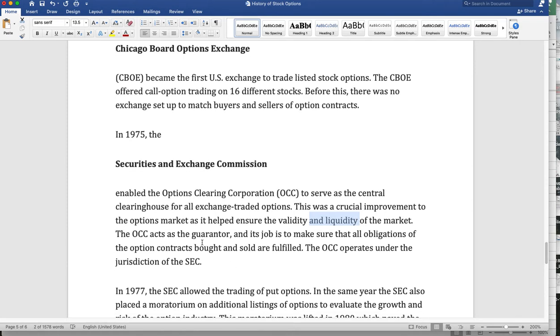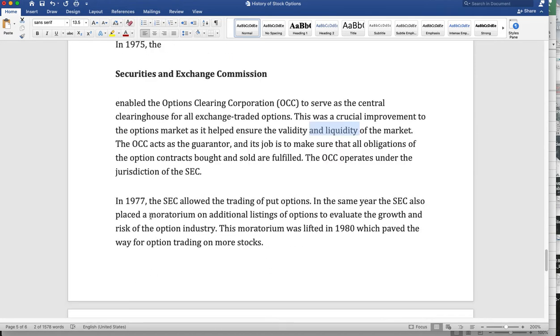The OCC acts as a guarantor, and its job is to make sure that all obligations of the option contracts bought and sold are fulfilled. The OCC operates under the jurisdiction of the SEC. In 1977, the SEC allowed the trading of put options. In that same year, the SEC also placed a moratorium on additional listings of options to evaluate the growth and the risk of the option industry.